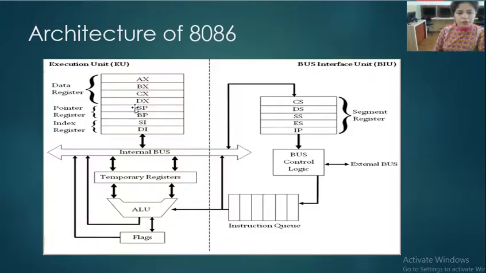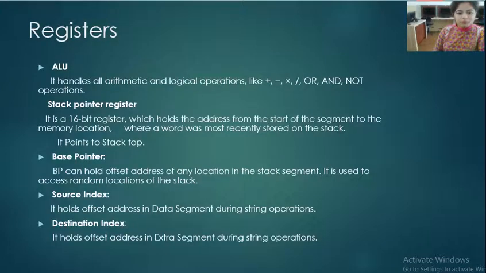Next is stack pointer register. This is stack pointer register. Now stack pointer register again is a 16-bit register. It holds the address from the start of the segment to the memory location where a word was most recently stored on the stack, and it points to the top of the stack.